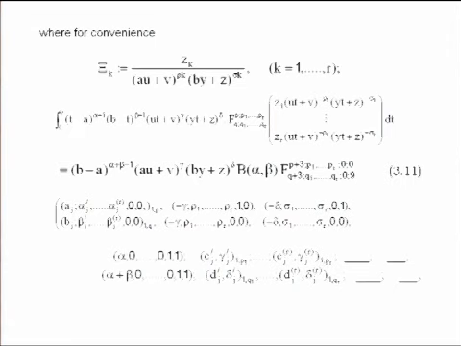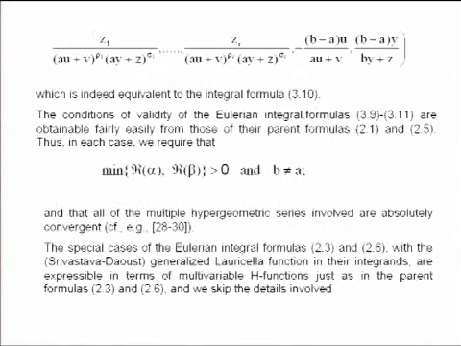After simplification we get the results 3.11, which is indeed in this equation 3.10 equivalent to the condition of validity of that integral formula 3.9. 3.9 to 3.11 are obtained fairly easily from those of their parent formulas 2.1 and 2.5, and thus in each case we require minimum real alpha, real beta greater than 0 and b not equal to a, and that all the multiple hypergeometric functions involved are absolutely convergent.